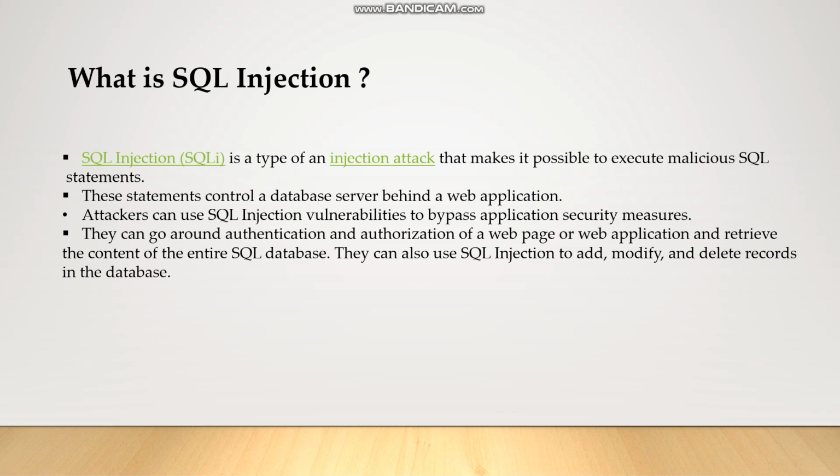So by these malicious SQL statements, an attacker can manipulate the database server, meaning they can gain control and access to it. Attackers can use SQL injection vulnerabilities to bypass the application security.